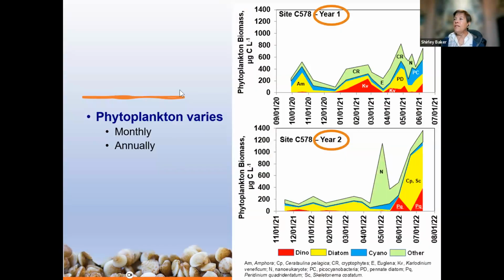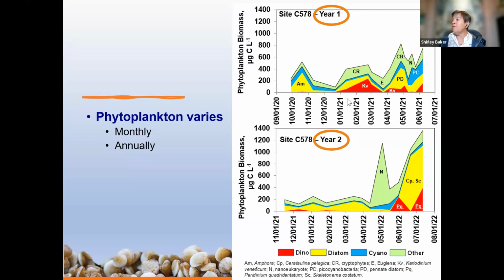Phytoplankton varies both monthly and annually. Let me see if I can get this thing out of the way. I don't know if you guys can see that, but I can. For example, this is a particular site at year 1 and year 2, and you can see that these years are quite different.